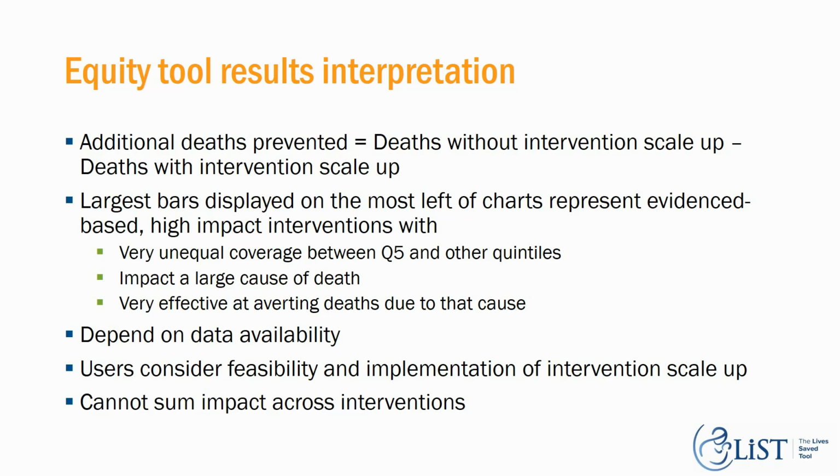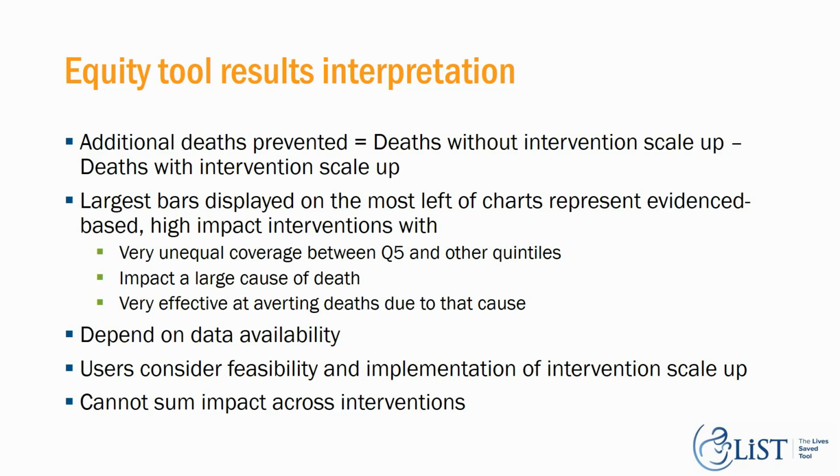So for example, if you have a preventive intervention and a curative intervention that both have an impact on the same cause-specific mortality, the impact of the preventive one will be calculated first, and the impact of the curative one will only be calculated on the lives that have not already been saved by your preventive intervention.